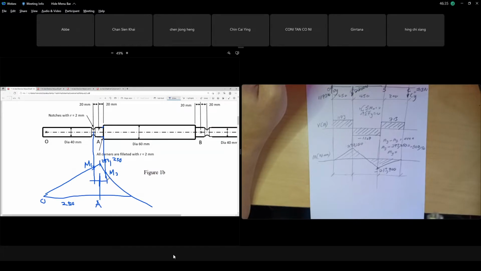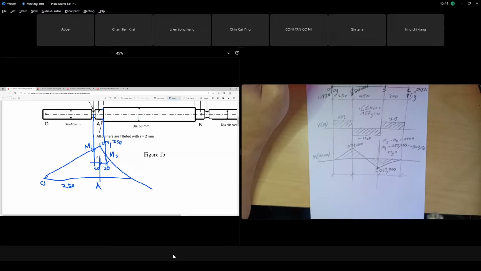Offsetnya both is 10. 20 there and 20 here offset. Nampak kan dia bagi distance is 20. So you can get theorem Pythagoras M1 over 250 minus 20 is 230. M1 over 230 equal to 293,250 over 250. So you can get the value of your M1. Also by theorem Pythagoras, tapi for this, you kena tengok moment yang bawah tadi. Moment yang negatif kita tadi, 213.